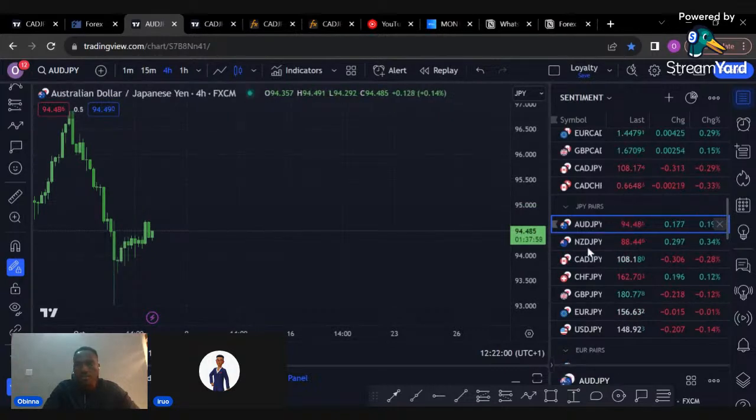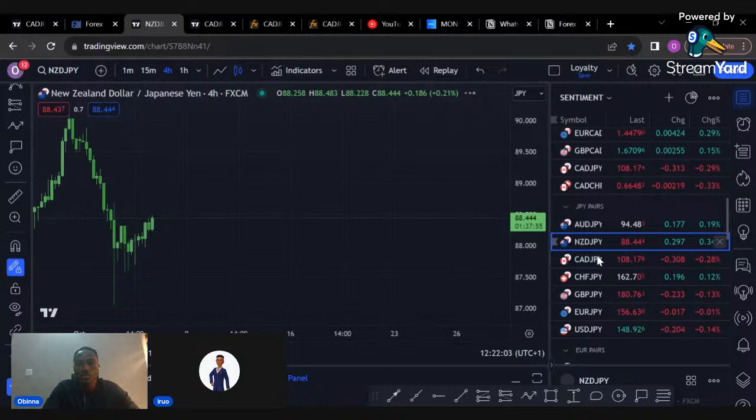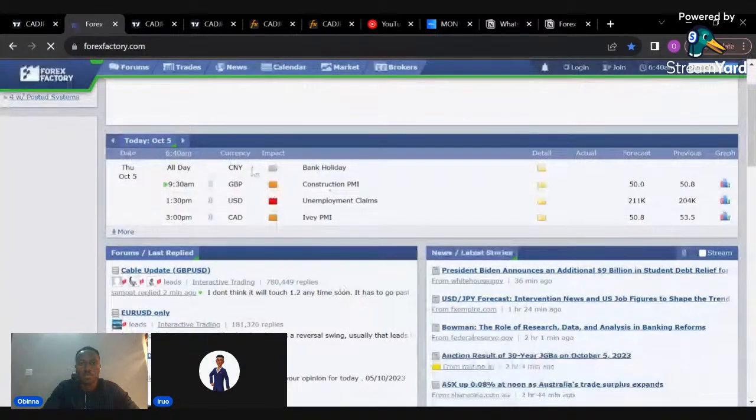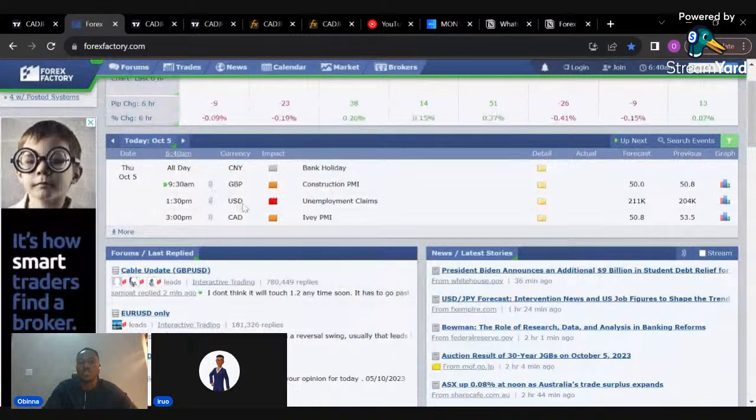So let's see how it goes. There's also news coming up by 1:30, unemployment claims for the US. Then you also have Canada news, Ivey PMI. It's not really that much of an impact, but it affects Canadian pairs. But when it comes to US news, it affects the whole market.